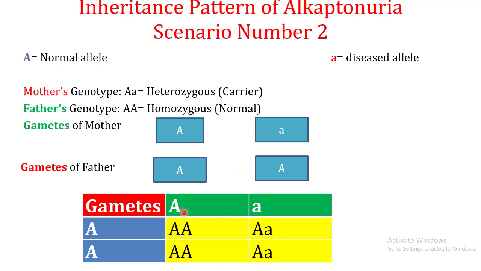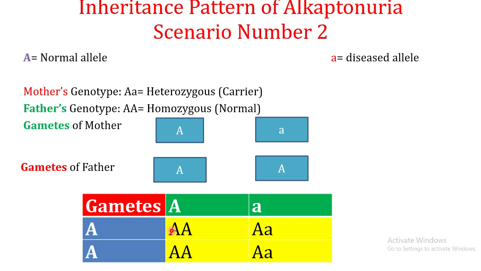Now, if you make the Punnett square, these are the gametes of the mother. So 50% they are having the capital A, 50% are having the small a. The father, all of the gametes, they are going to carry the normal allele. So if you combine this gamete from the mother with this gamete from the father, you are going to have a normal offspring.